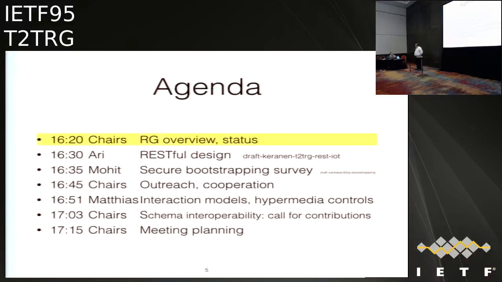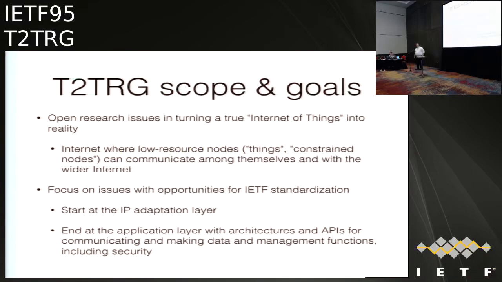Okay, so let's just start with the overview of the research group. The research group is relatively new, so I'm going to say what it is about. It is about making the Internet of Things a reality. Internet of Things is a term that is used for many different ideas, not many of which actually contain an internet.